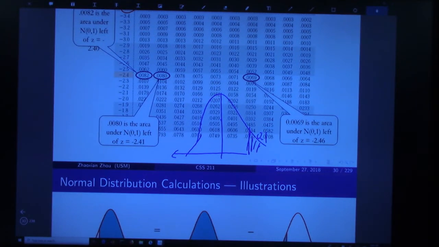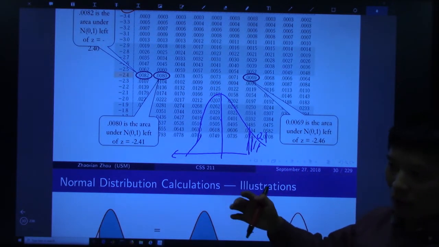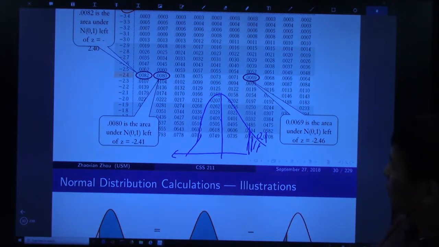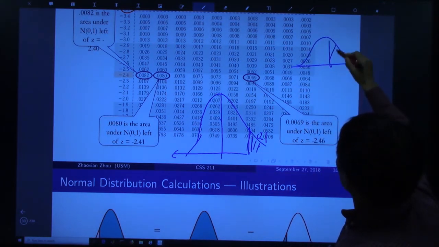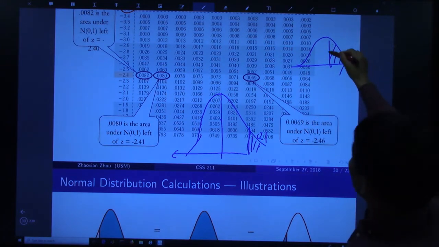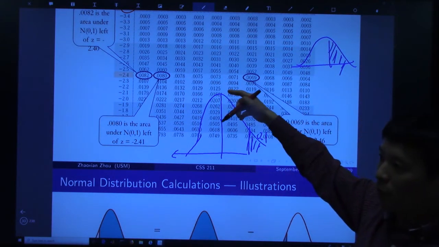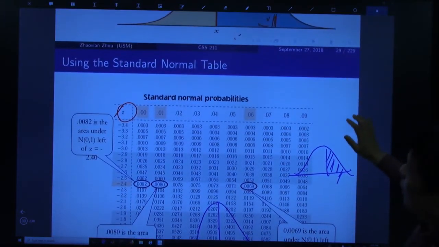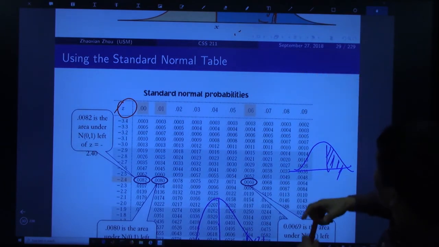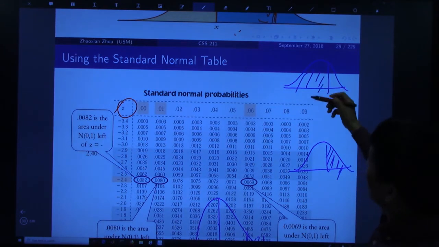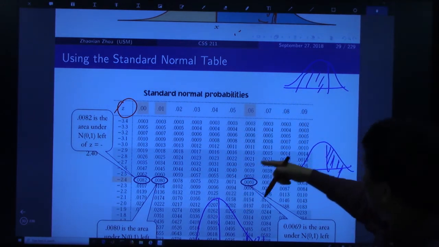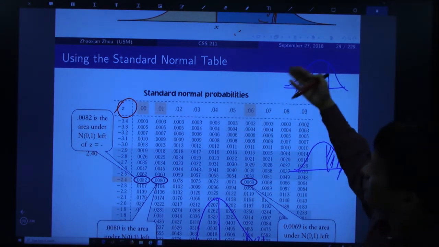Another thing I want to mention is that this is our table A. Online or in other textbooks, they may give something different. They may say this is the area, or this is the cumulative proportion given in the table. If you look at the top of our textbook's table, these numbers give the cumulative proportion to the left.